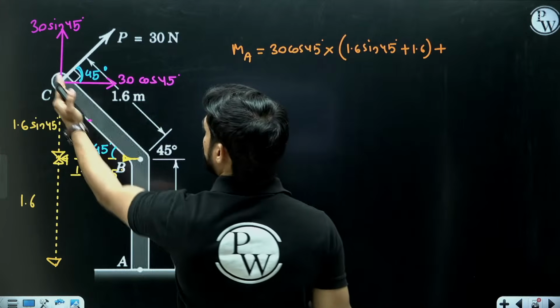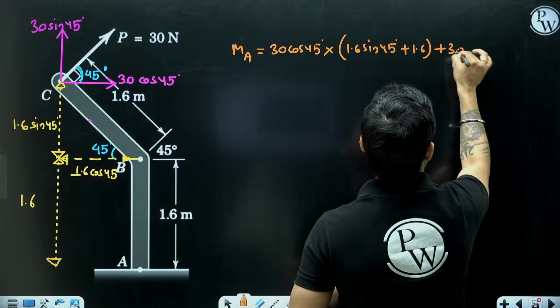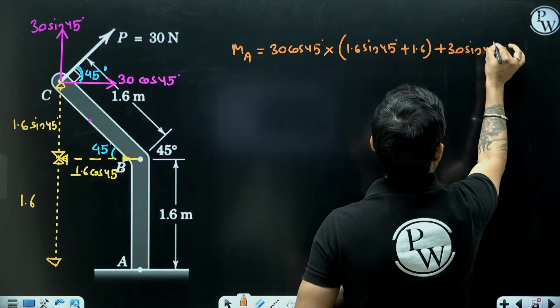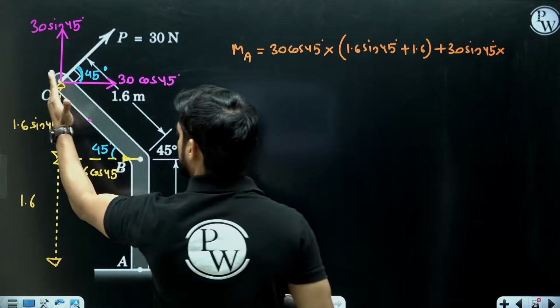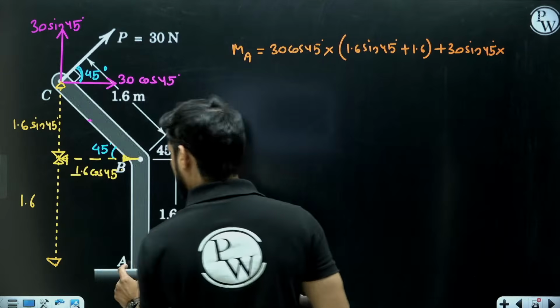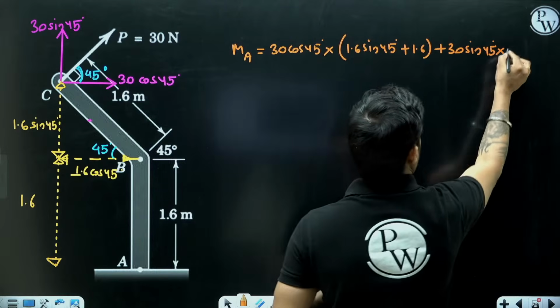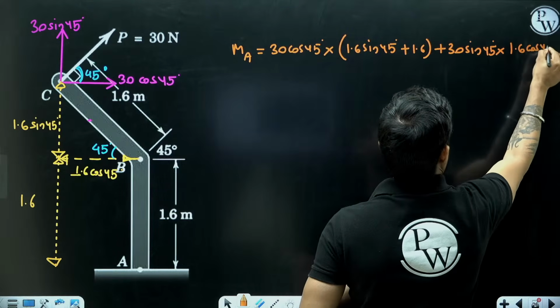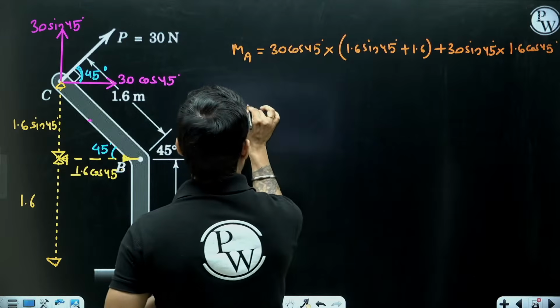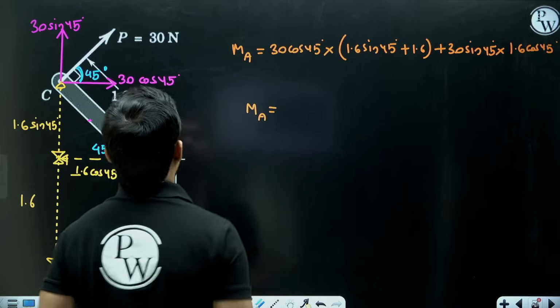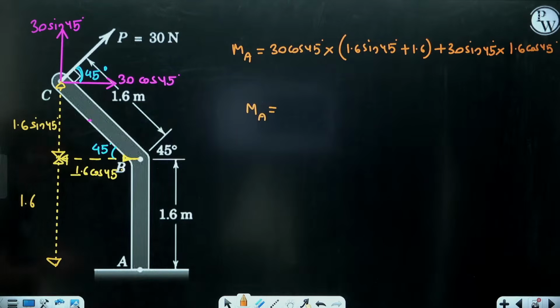Then moment of 30 sin 45. This will also be clockwise. And what is this distance from point A? 1.6 cos 45. So from here you are going to get the moment in Newton meter.